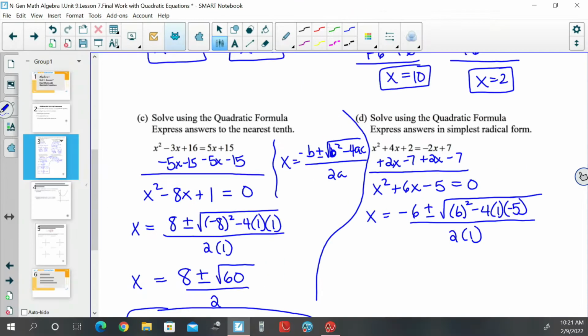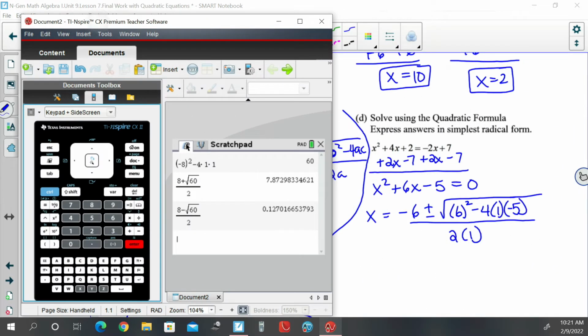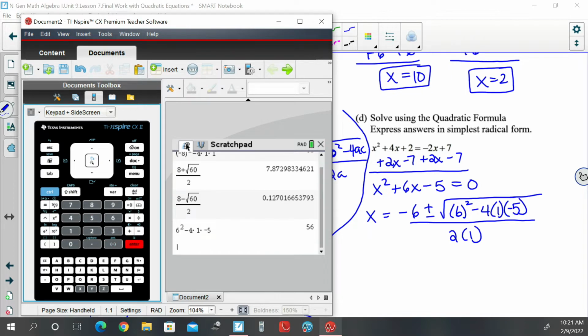All right, let's figure out what that number is underneath the square root. Bring my calculator over here. I've got 6 squared minus 4 times 1 times negative 5. That all looks good. Looks like I've got a 56 underneath the radical.